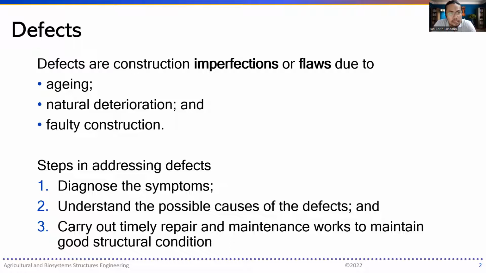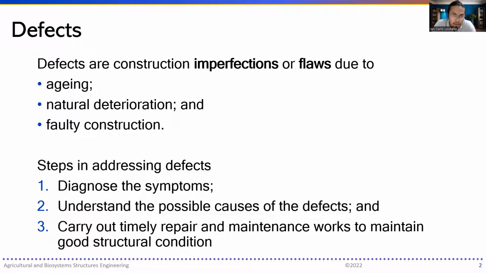These are caused by aging, the natural deterioration of materials. They are stable at some point, and they deteriorate by wear and tear. Then there's also a physical or human factor of faulty construction.